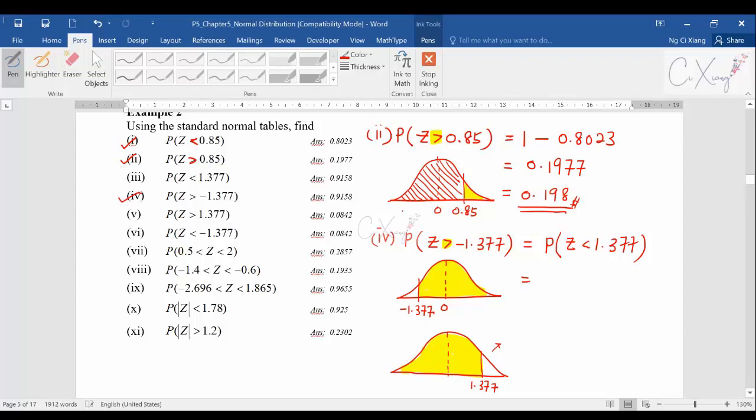Alright, now you're having smaller already, right? Smaller than 1.377. So this answer you can already find out from the normal distribution table. So what do you get? So the answer is here already. Okay, 0.9158. Or if you want, you can change it to 0.916.